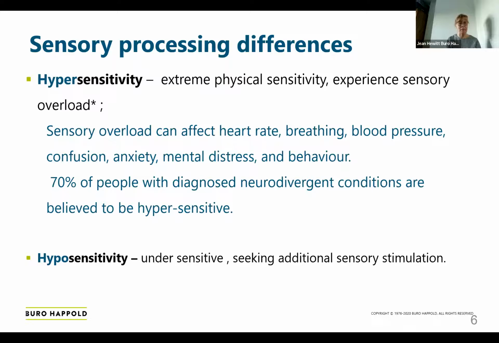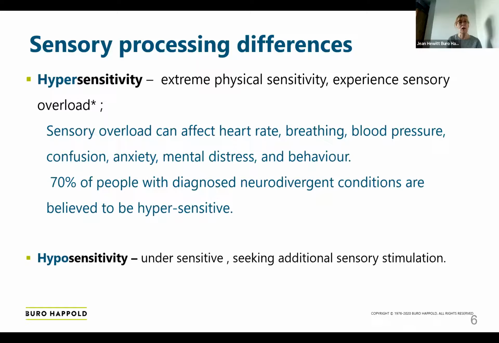You can experience sensory overload, and things like bright lighting and too much noise, which most of us will tolerate to a degree, can cause quite serious sensory overload with heart rate pounding, breathing changing, blood pressure, etc. And that can cause confusion, anxiety, mental distress, and sometimes behavioural differences. So we think around 70% of people with a diagnosed neurodivergent condition are actually hypersensitive like that.